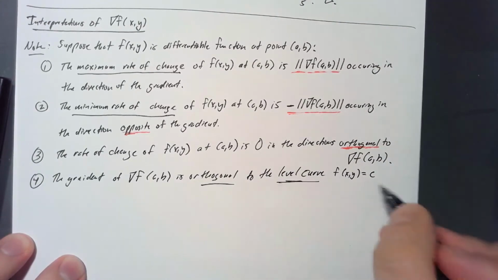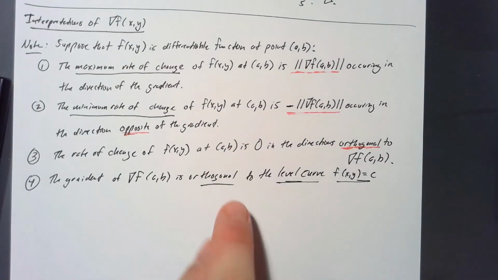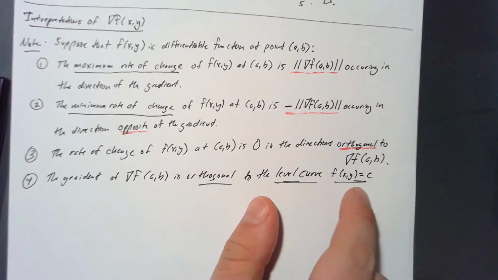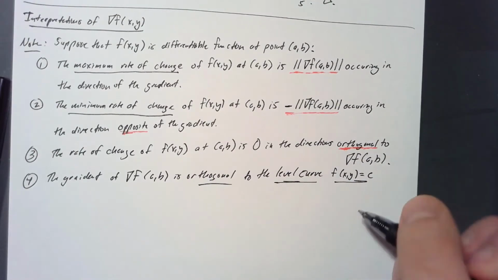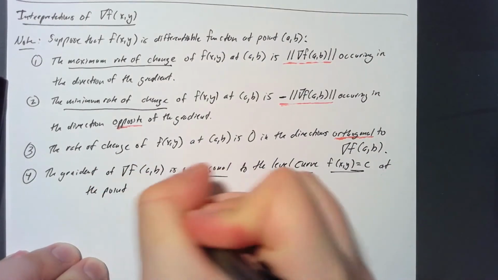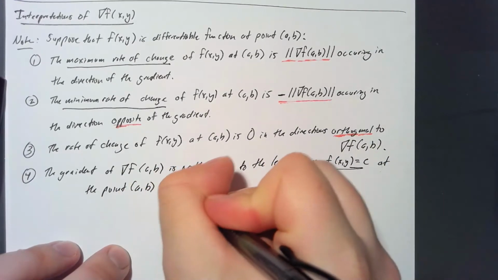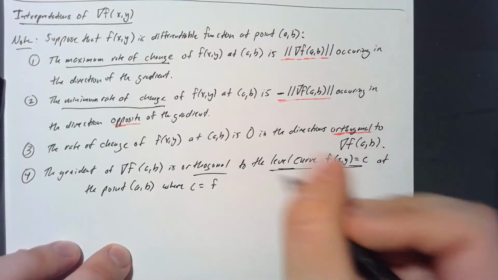We talked about level curves a while ago. Remember we did contour lines? Well, the gradient is orthogonal to the level curve f of x, y equals c at the point (a, b), where c equals f at that point.